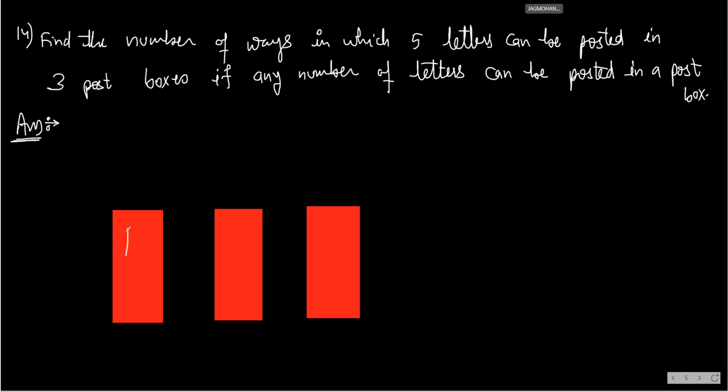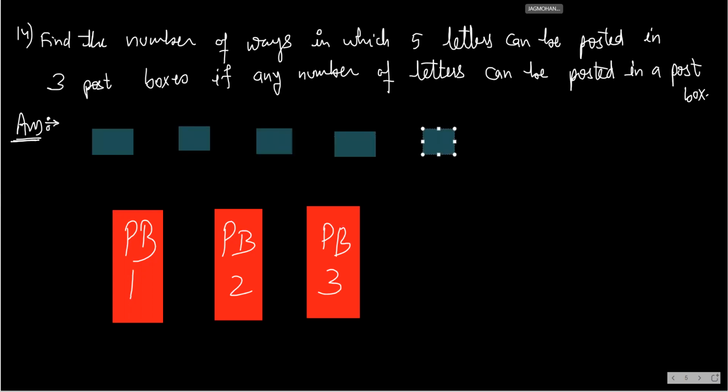These are post box PB1, PB2, and PB3. I have 5 letters. They're saying in how many ways can the 5 letters be posted?